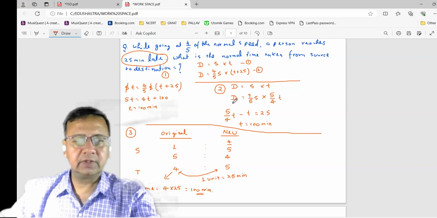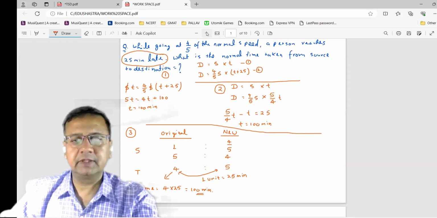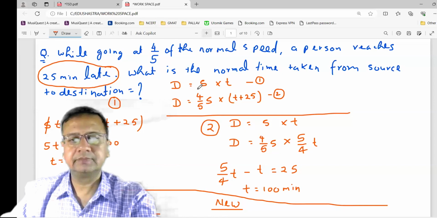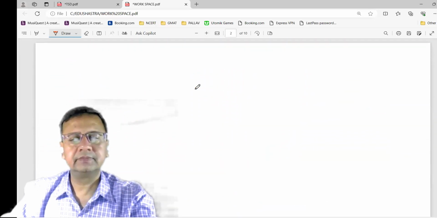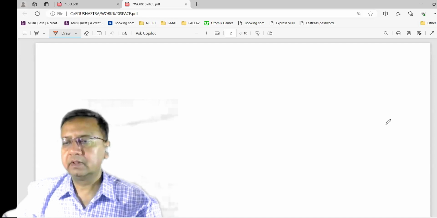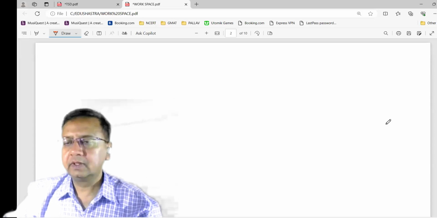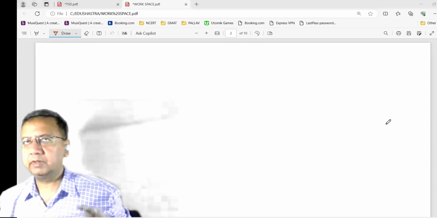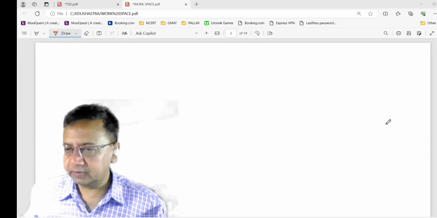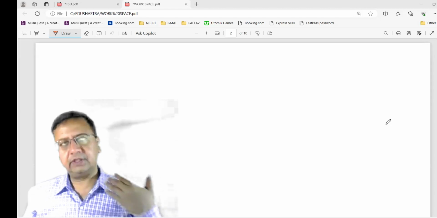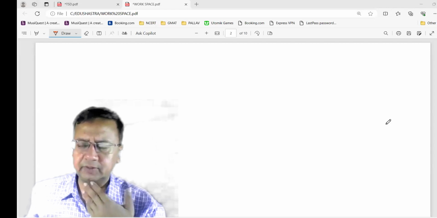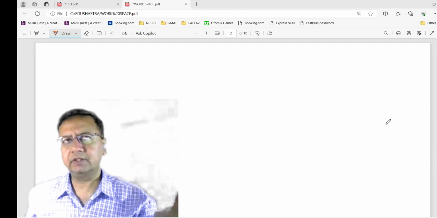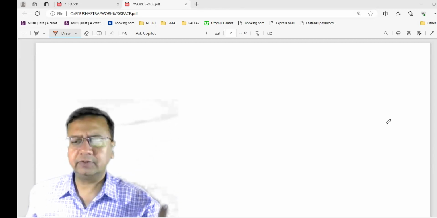Okay, so now we are moving further. Yes, Jivesh. The third is the best one because when you are solving the questions verbally, you say speed is 4 by 5, so the ratio should be 5 by 4, and if the original ratio is 5 by 4, the ratio of time should be 4 by 5.